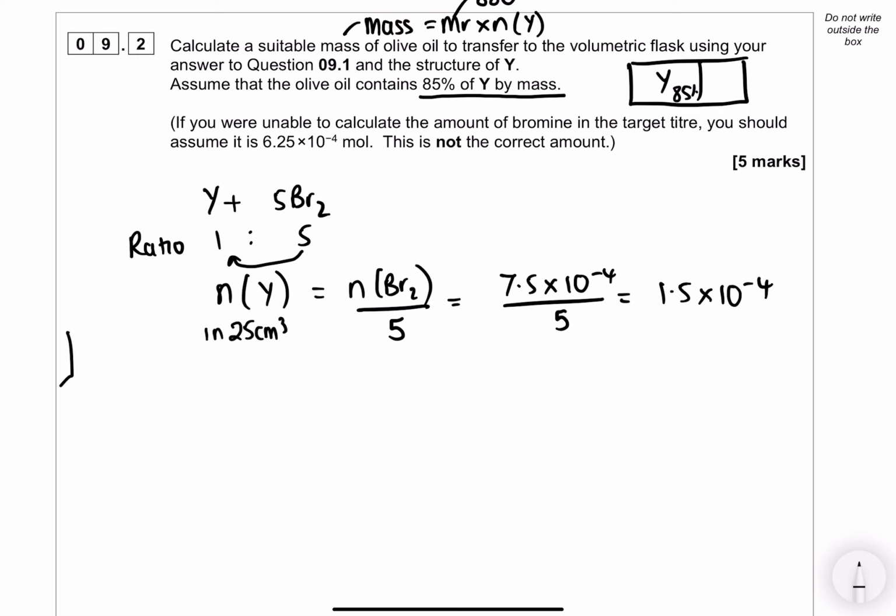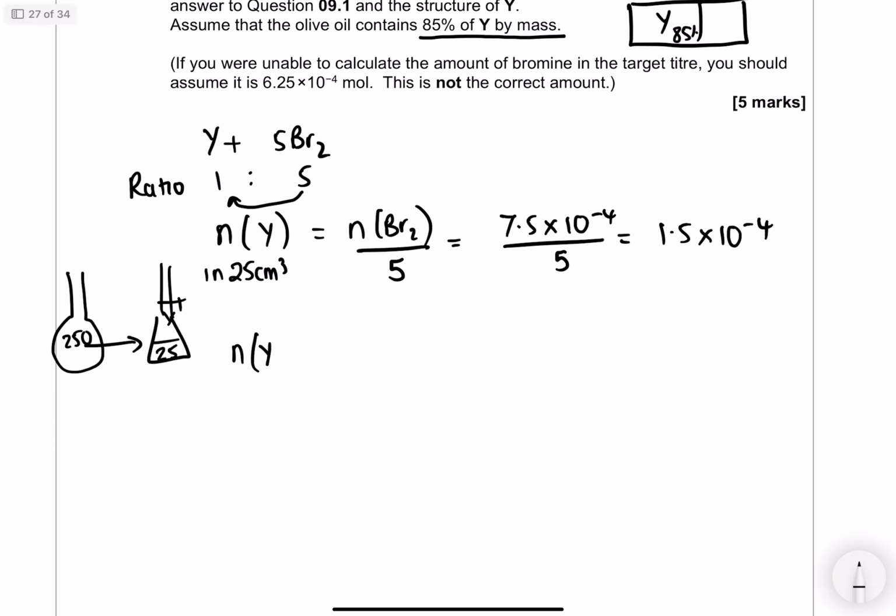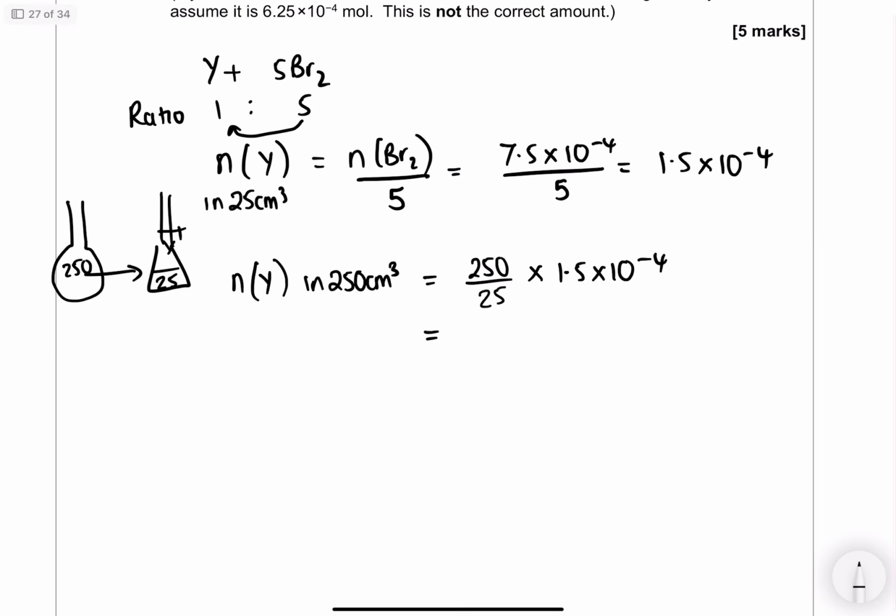Remember that we made a volumetric flask and then we transferred 25 and we did the titration only on 25. The flask held 250, so we need to scale up into the bigger volumetric flask. Now there are 10 25s in 250, so we can either just know that or we can use the scale factor: 250 divided by 25 is 10.